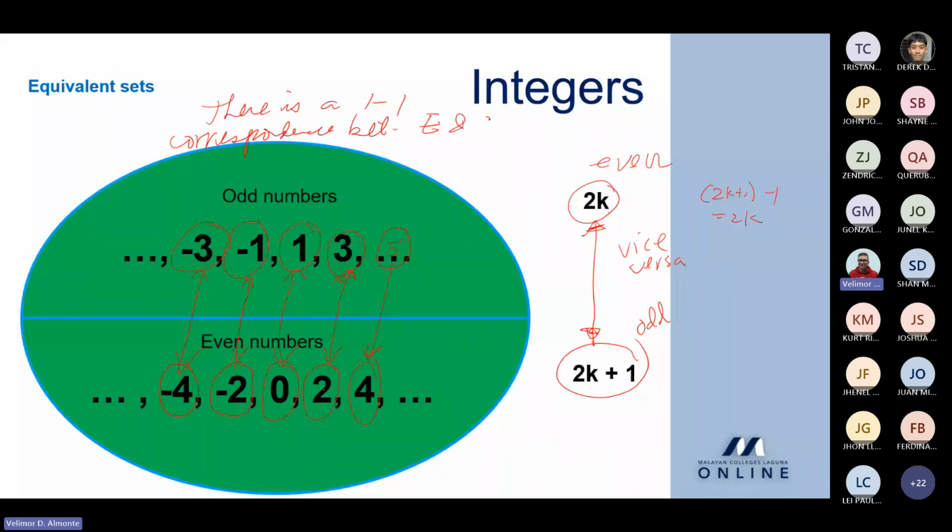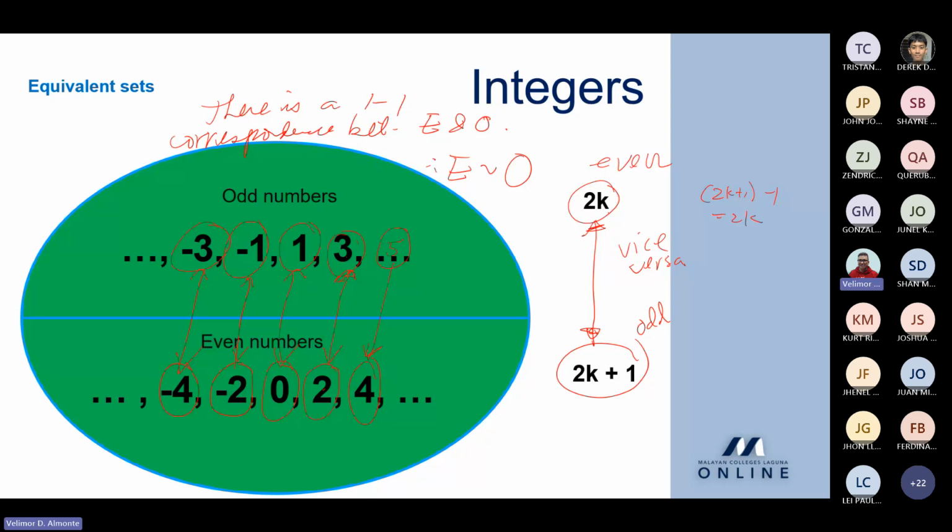So even if I know the set of odd numbers is infinite and the set of even numbers is infinite, I can map each element in a one-to-one correspondence. They have the same number of elements, right? So therefore, the set of even numbers is equivalent to the set of odd numbers.